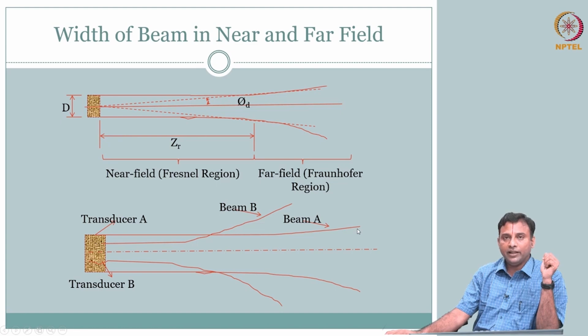It will be good to also localize in this direction, but if you have less divergence, with a larger dimension transducer, then you are compromising on that localization.